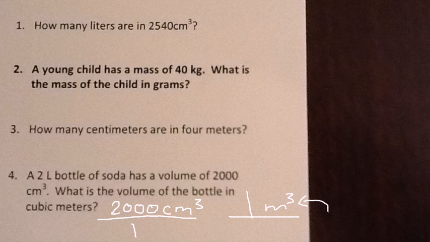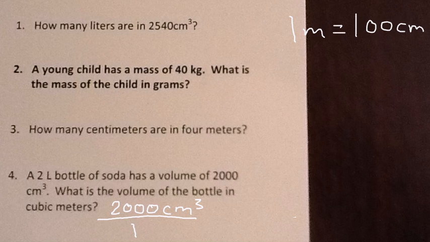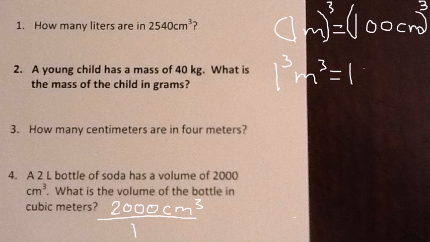Let's go to the top of this brown area to do that. We know that 1 meter equals 100 centimeters. If we elevate that to the third power, we get the following: 1 to the third power in cubic meters, and 100 to the third power in cubic centimeters.